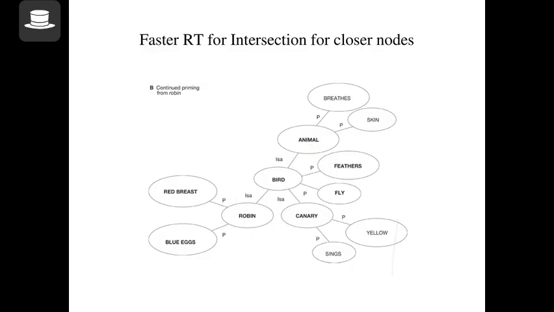But just to give you an idea, there is faster reaction time for closer nodes, because if the concepts are closer, then the ripples will intersect immediately. So people will be faster to respond to a sentence that has concepts that are closer to one another, as opposed to a sentence that has concepts that are far apart.